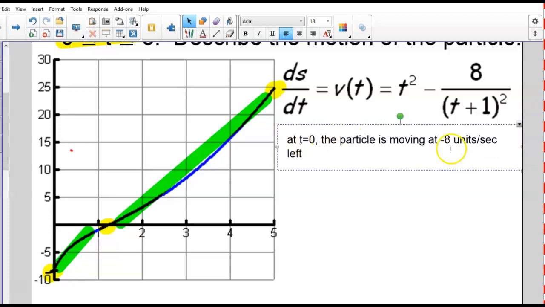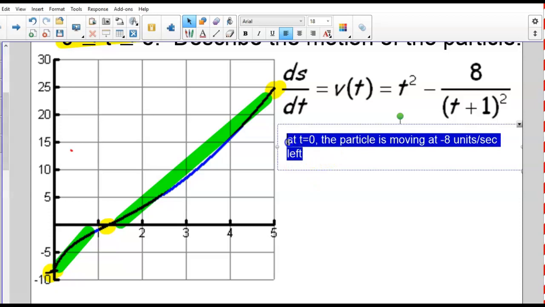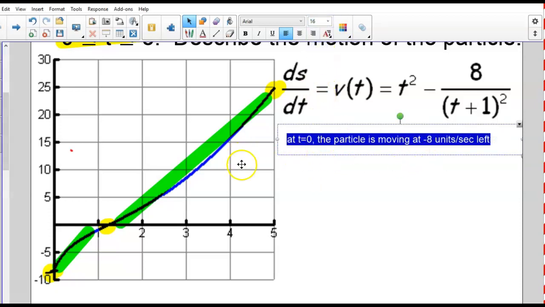When you look at this, y'all see how the y value is below the x-axis? If the y value is below the x-axis, that's a left movement. If it's above the x-axis, then obviously it is a right movement. Y'all follow?